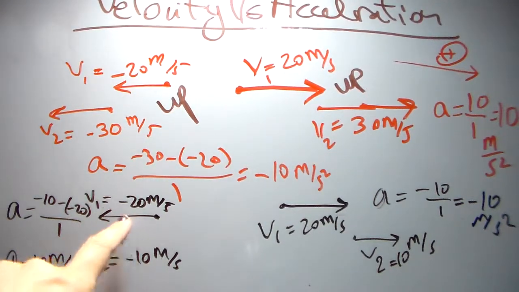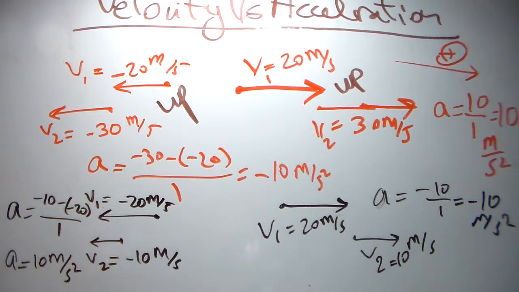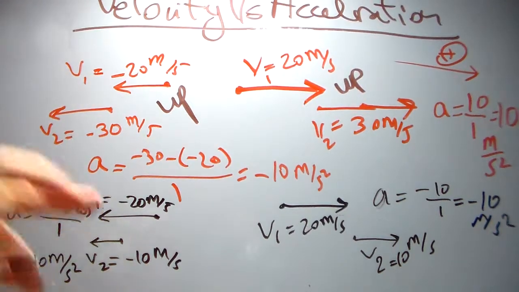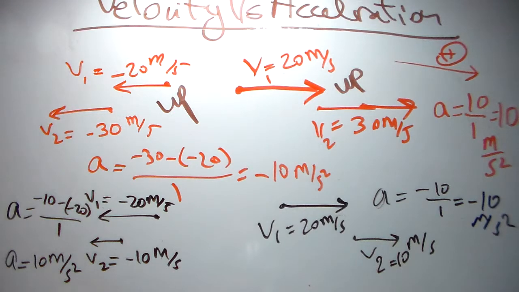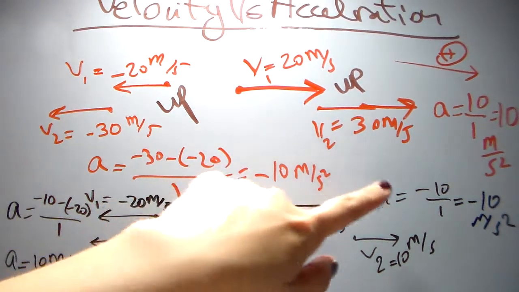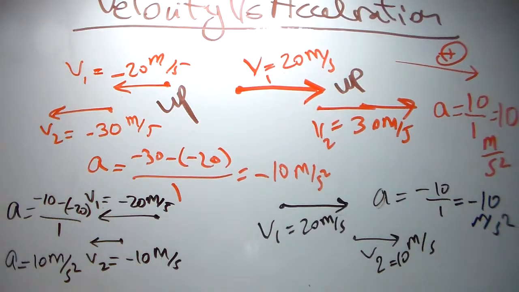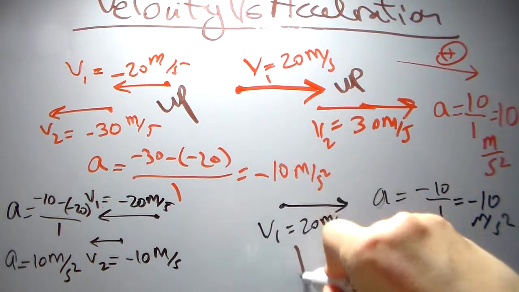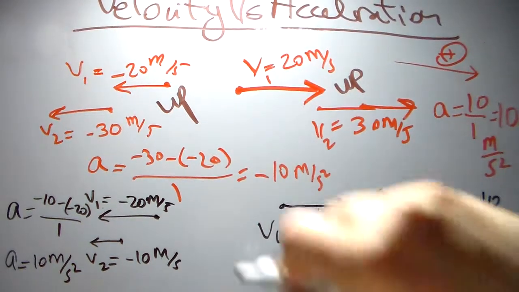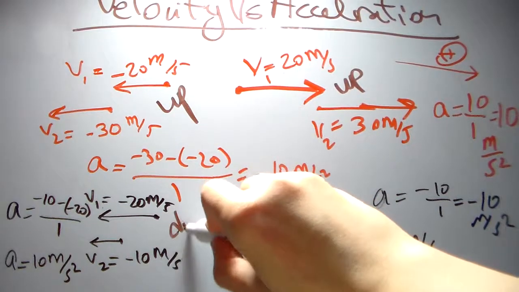Your speed went down from 20 to 10, although you were going towards I-10 west. So the sign of the velocity really doesn't matter. It's the change in velocity that gives you the acceleration. Here you're slowing down, and here you're also slowing down.